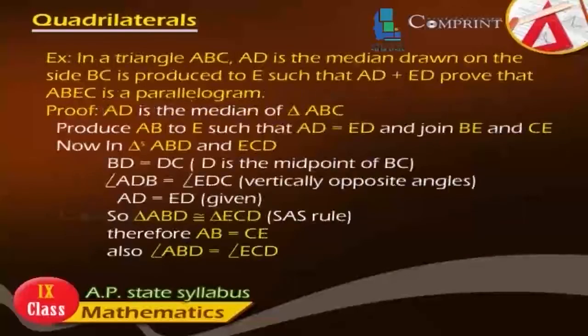Example: in a triangle ABC, AD is the median drawn on the side BC, and it is produced to E such that AD equals ED. Prove that ABEC is a parallelogram.